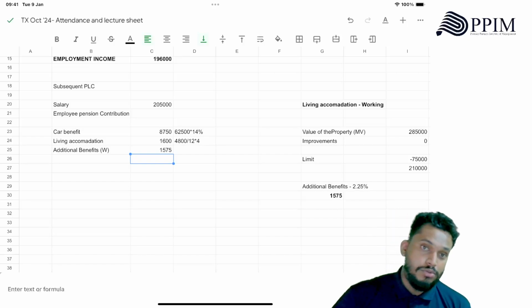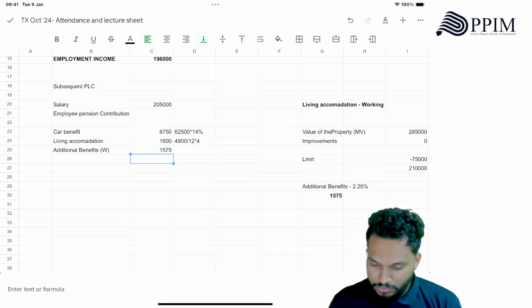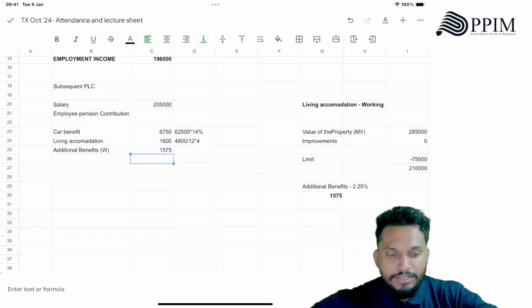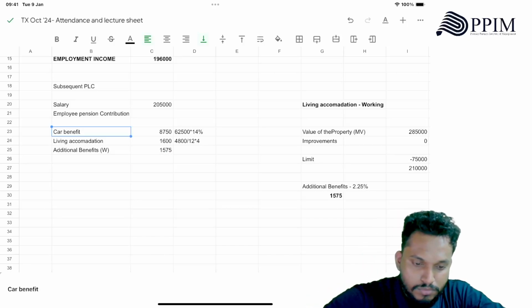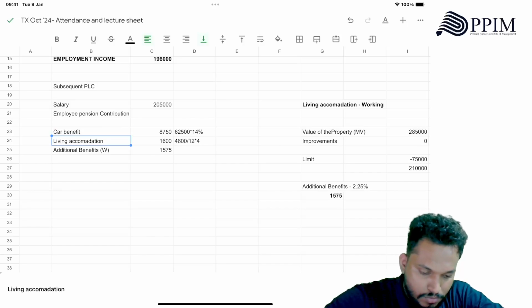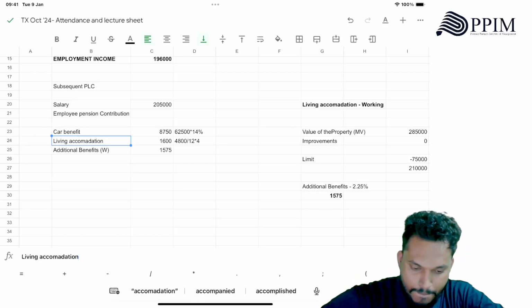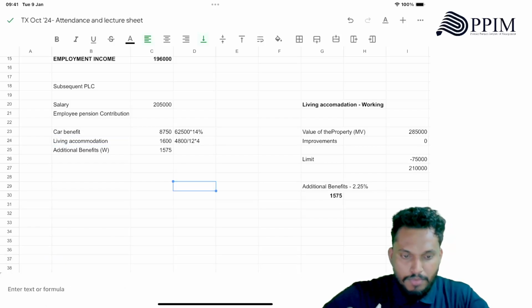Yes, you need to include the book because that is also a benefit he's receiving, right? Fine.